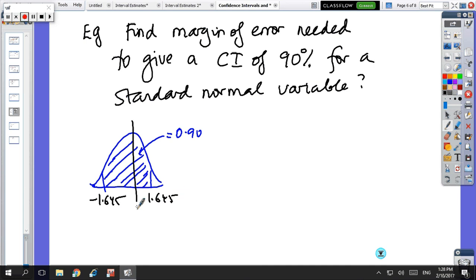The margin of error is the distance from there to the mean, so the answer is 1.645. That's why with that table you just use the values and you don't have to look back at the big list of numbers. Copy and come across.